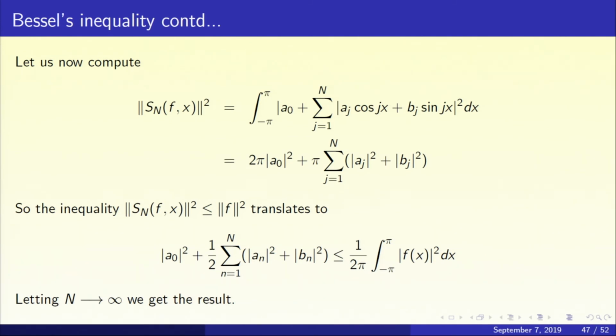We get |a_0|² integral, and then we will get integrals of |a_j|² cos² jx, integrals of |b_j|² sin² jx, and then we will get the cross terms 2 a_j b_j cos jx sin jx, whose integral from −π to π is 0. So which terms survive? The |a_0|² term, |a_j|² cos² jx, which gives a non-zero integral, |b_j|² sin² jx, which gives a non-zero integral, etc.